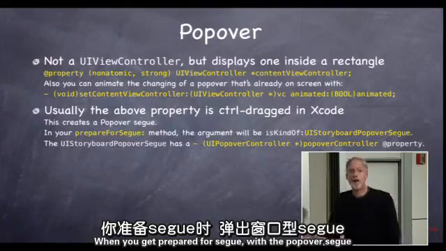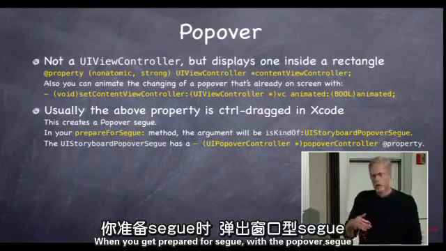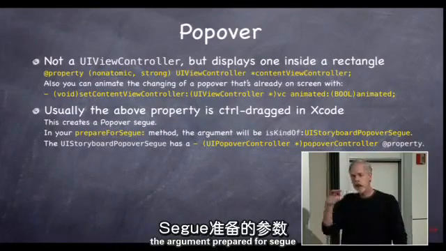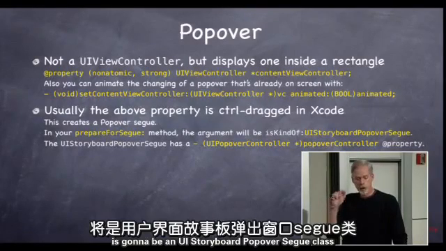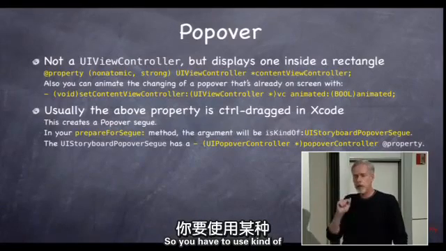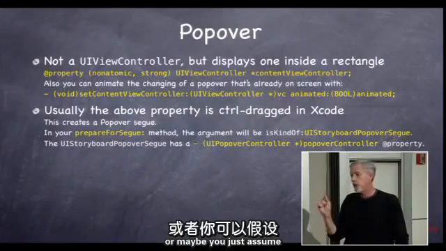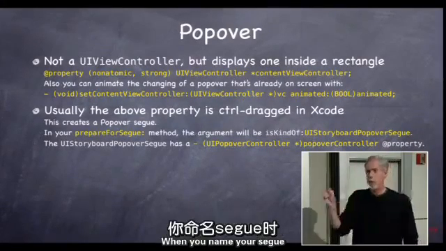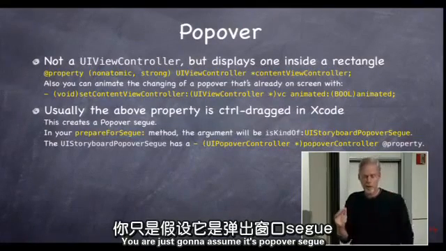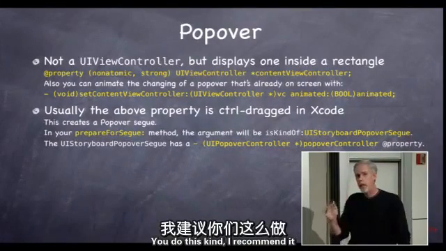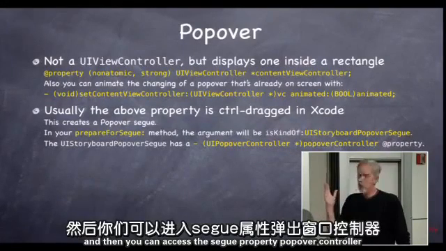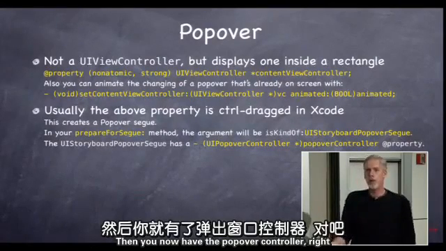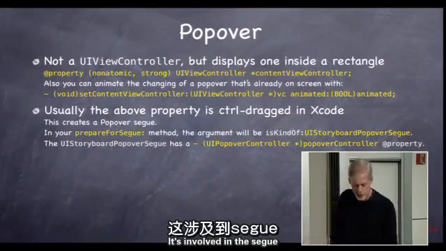When you get prepare for segue with a popover segue, the argument is going to be a UI storyboard popover segue class. You can just assume, when you name your segue, that it's always a popover segue. You can then do an is kind of, which I recommend, and then do a cast, and then you can access the segue property popover controller, and now you'll have the popover controller that's involved in this segue.